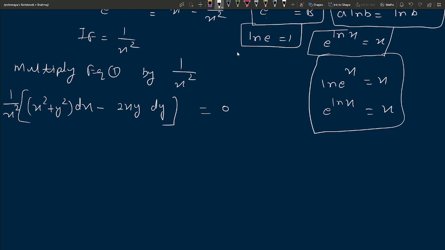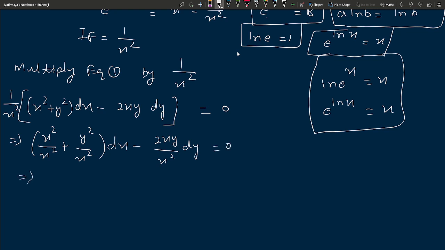0 into anything is 0. So now take 1 by x square inside the bracket. This is x square by x square plus y square by x square, dx, minus 2xy by x square dy, equal to 0. So 1 plus y square by x square dx minus 2y by x dy is equal to 0.